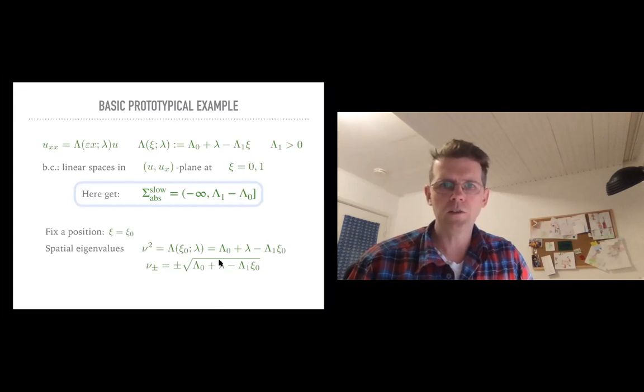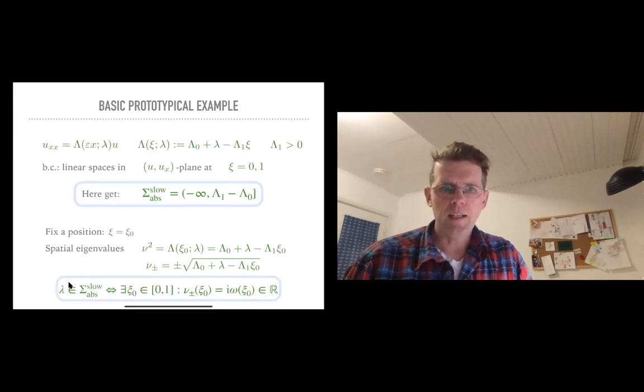And when is this discriminant negative? Well, that is exactly the case when lambda is in this set where lambda 1 is replaced by lambda 1 times psi. But now xi, of course, varies between 0 and 1. So the largest one is just lambda 1 itself in this setting.